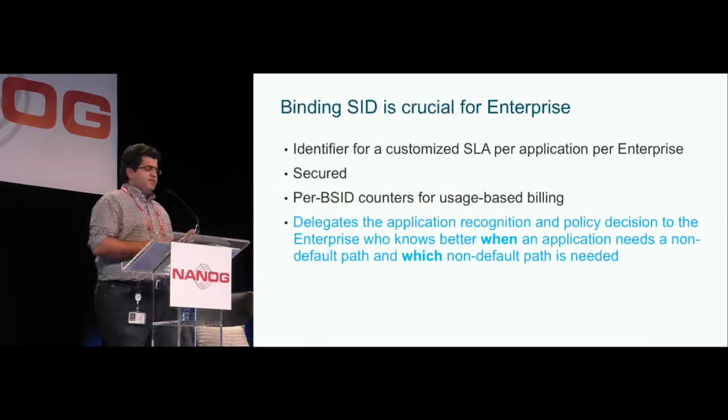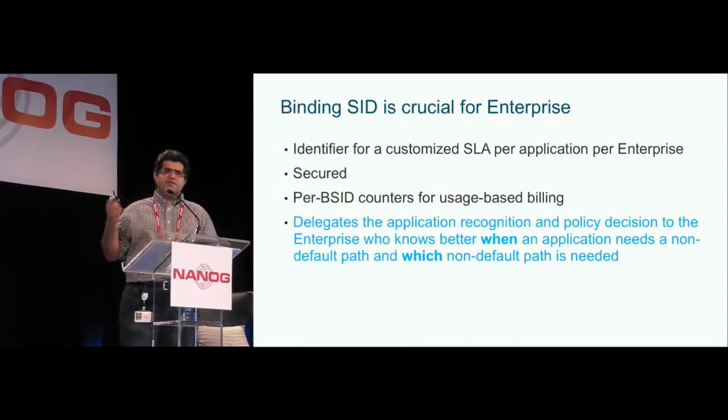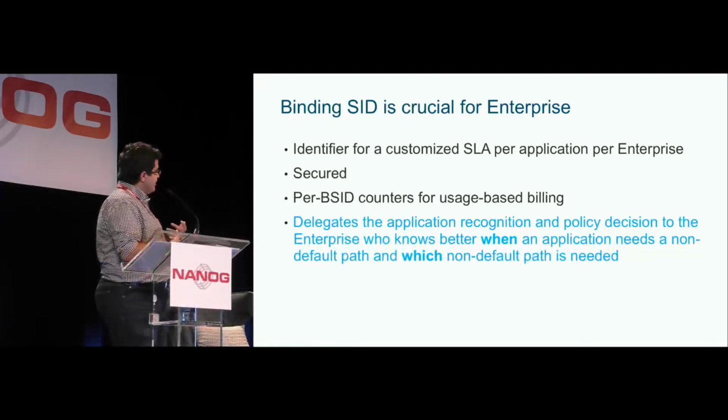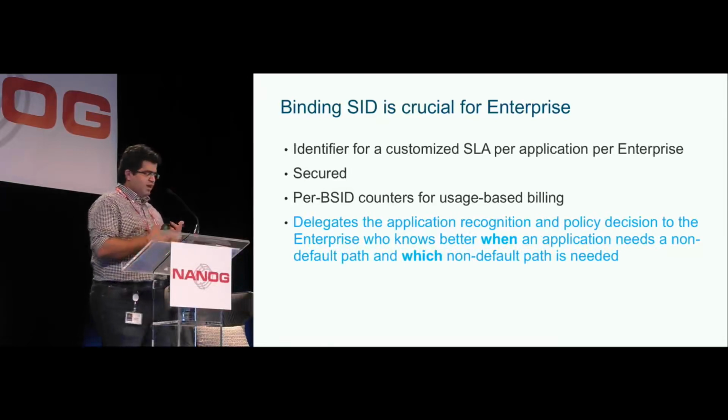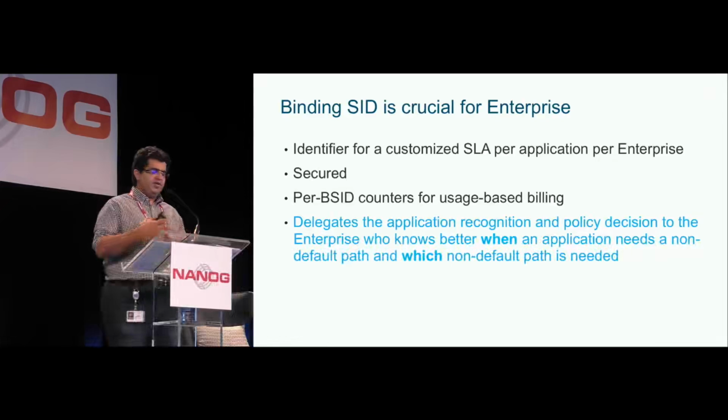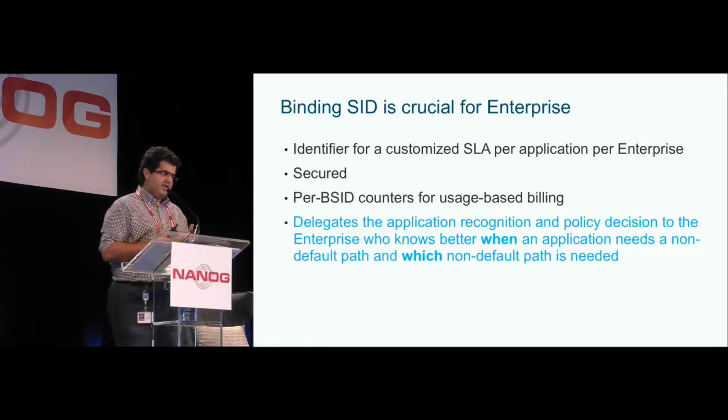To summarize, the binding SID, which I was mentioning earlier, is completely crucial for the enterprise. It's secured. I have not tried to explain that over here, but if you're interested, please come to me and I can explain some more in more technical depth. We also have a counter per binding SID. That counter allows for usage-based billing.